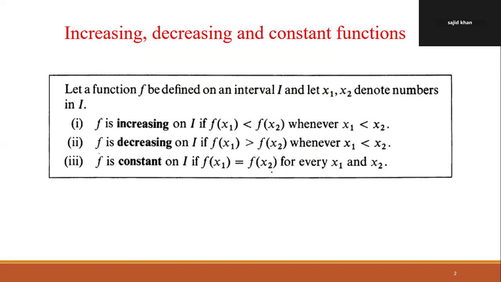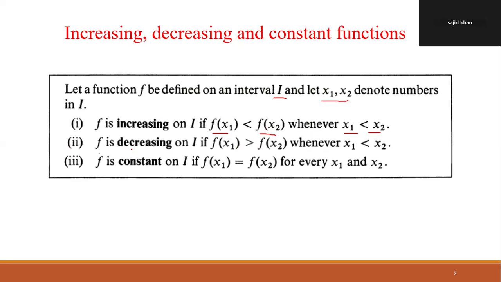Let f be a function defined over some interval I, and let x1, x2 be two variables belonging to that interval. If f of x1 is less than f of x2, it means that when we increase the input from x1 to x2, the function value increases. So function values increase with increasing input.